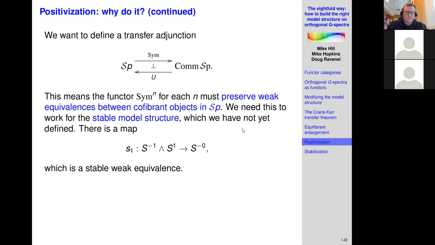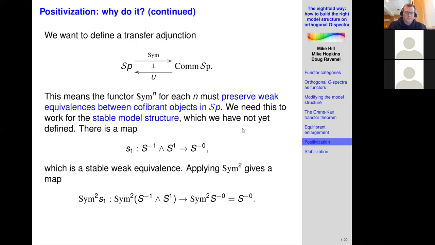There is a map from S-1 / S1 to S-0, which is a stable weak equivalence. Roughly speaking, the spectrum on the left is the spectrum whose 0th component is a point, and its other components are spheres of the appropriate dimension. Its nth component is the n sphere if n is positive, but its 0th component is a point. This map is a stable weak equivalence.